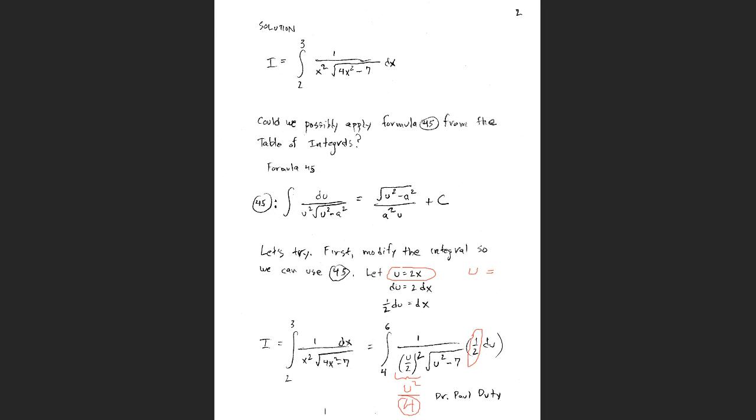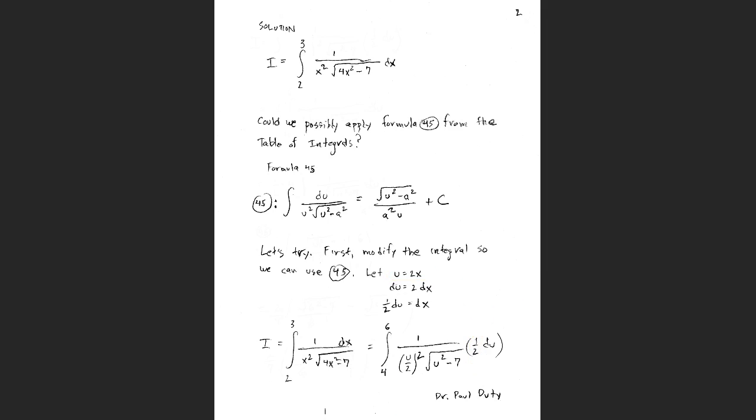Well, if u equals 2x, that's our substitution, and we divide both sides by 2, u over 2 has to equal x. Oh, right, you just plug that in for x. That's right. All right, thank you. Sure, you're welcome.